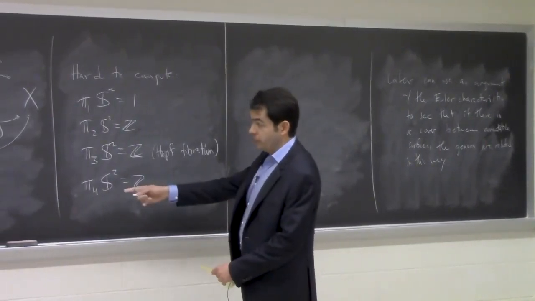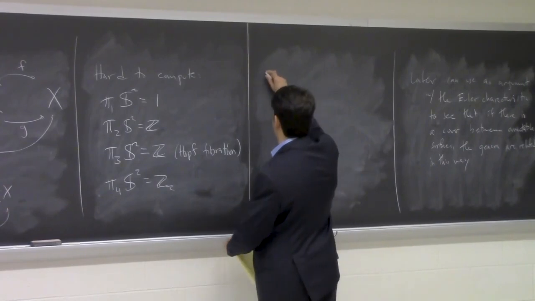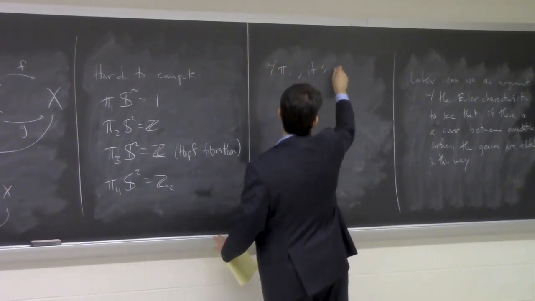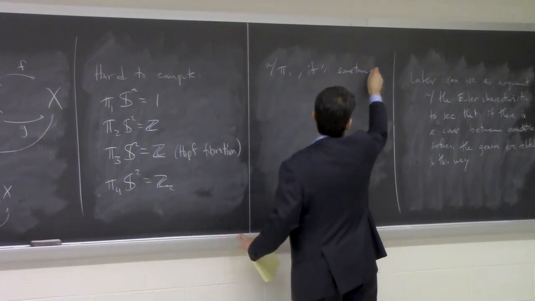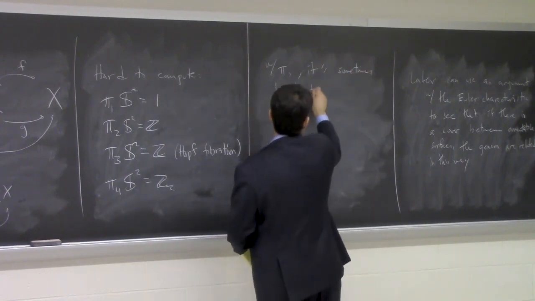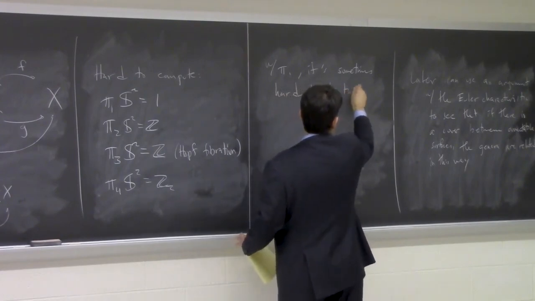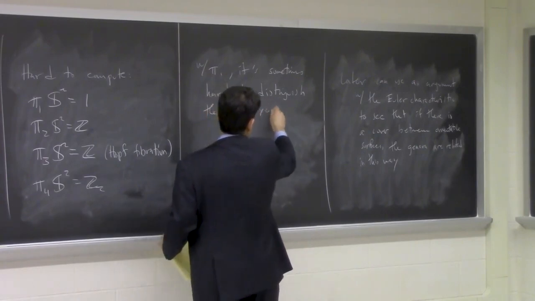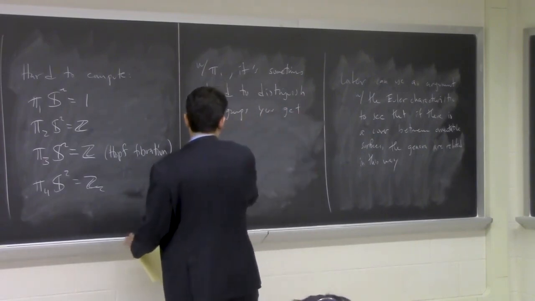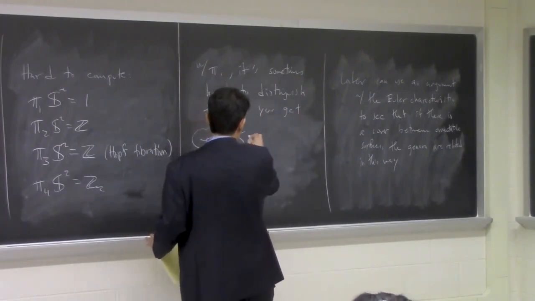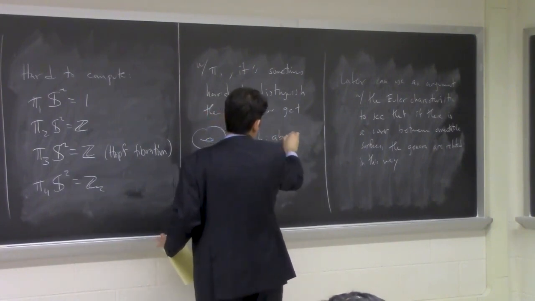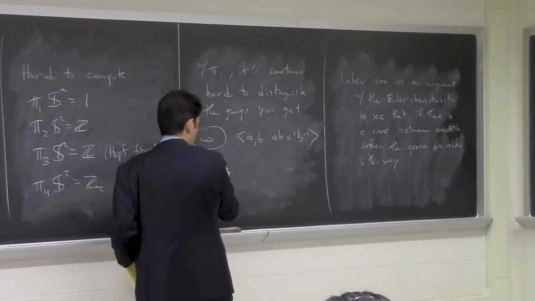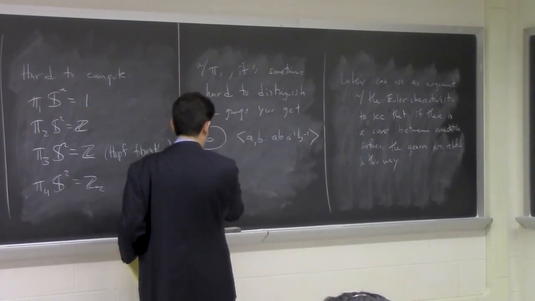So one problem that is fixed just by being abelian is that with pi1, it's sometimes hard to distinguish the groups you get. So we saw, for example, that if you compute the fundamental group of the torus, you get a presentation like that using, well, Van Kampen, for example.